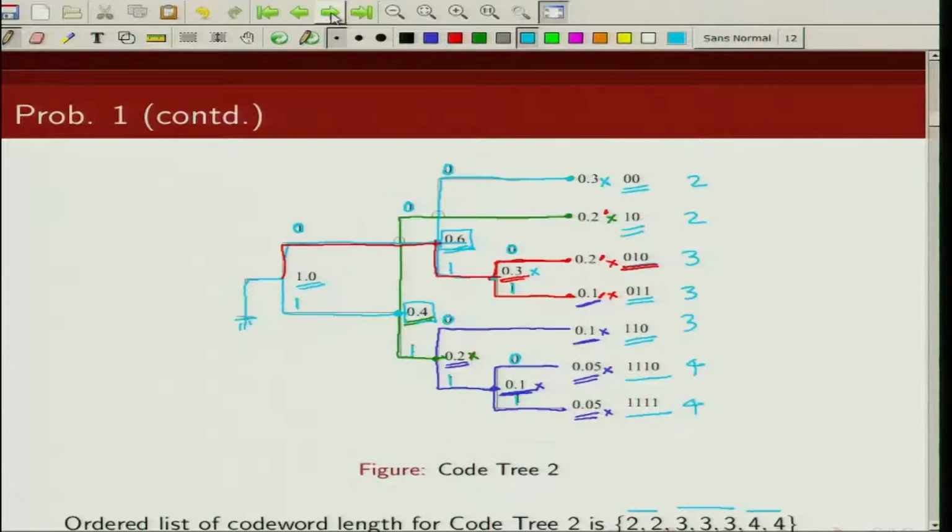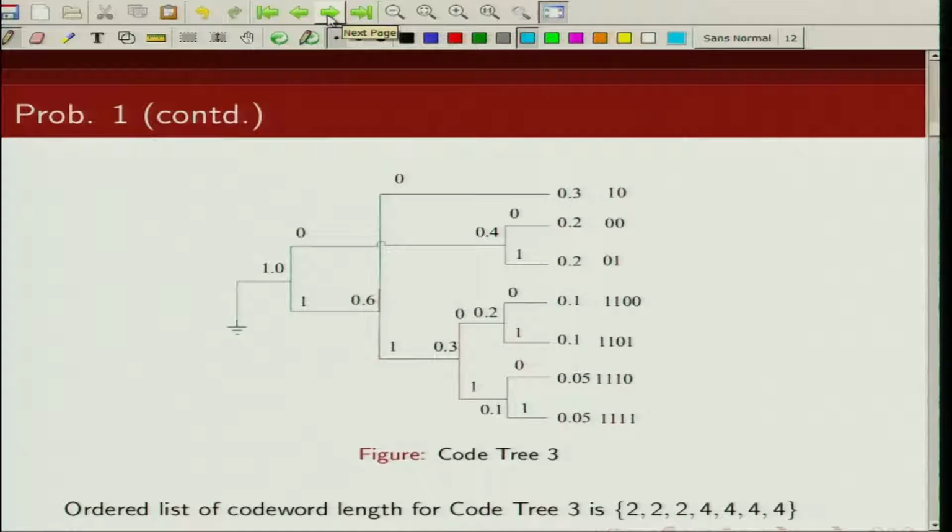So code tree 2 is not fundamentally different from code tree 1, because if I write down the ordered list of code words, though the mapping is different, they have the same set of code word lengths.